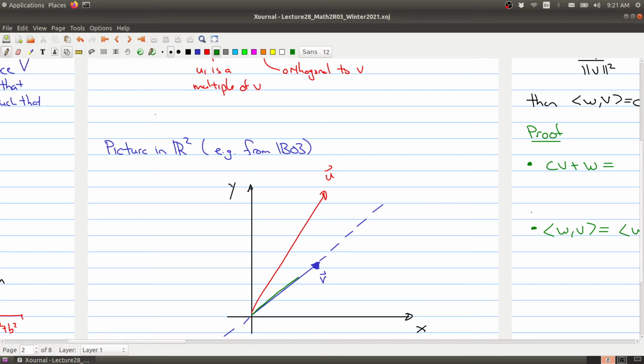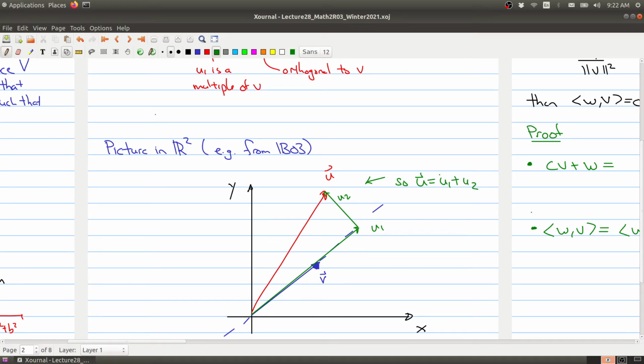What we're looking for is this would be the vector u1. Oh, I didn't draw it to scale, so let me fix it in a second. And this would be my vector u2. Let me fix that up. Right, so here I have that u is equal to u1 plus u2.